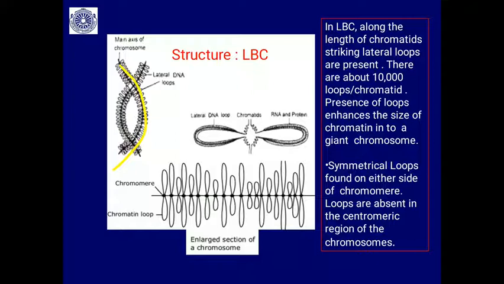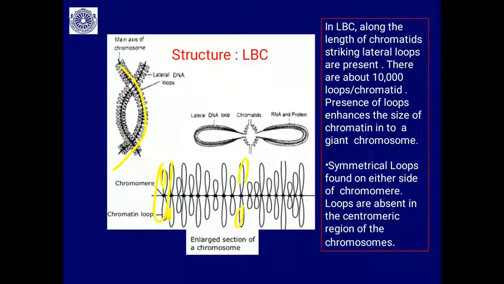These lateral loops are symmetrical, around 10 micrometers in size on average. Sometimes they may be larger, and on both sides they are of the same size.